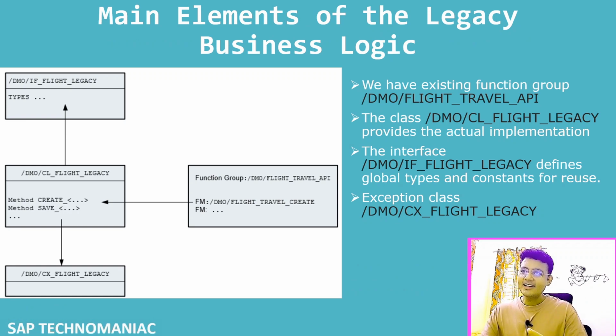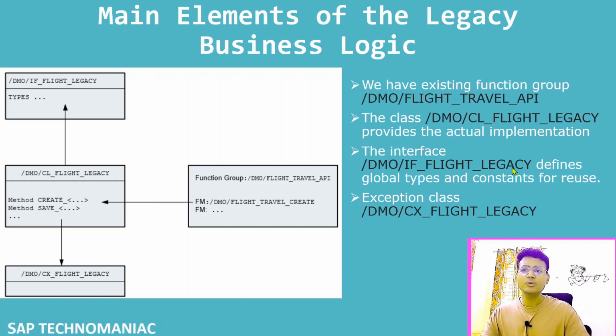We have legacy code available in the form of this particular function group. We have some function modules which save the data on the application server in the buffer table, and we have the update function module also, which picks up the data from this buffer table and finally saves it in the database.